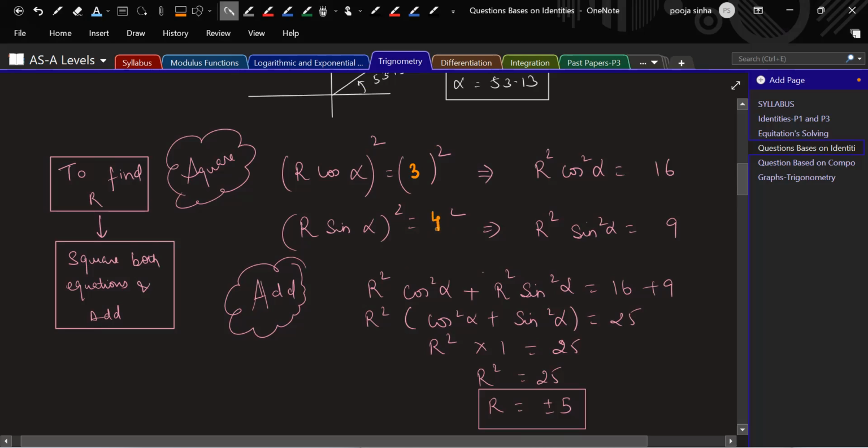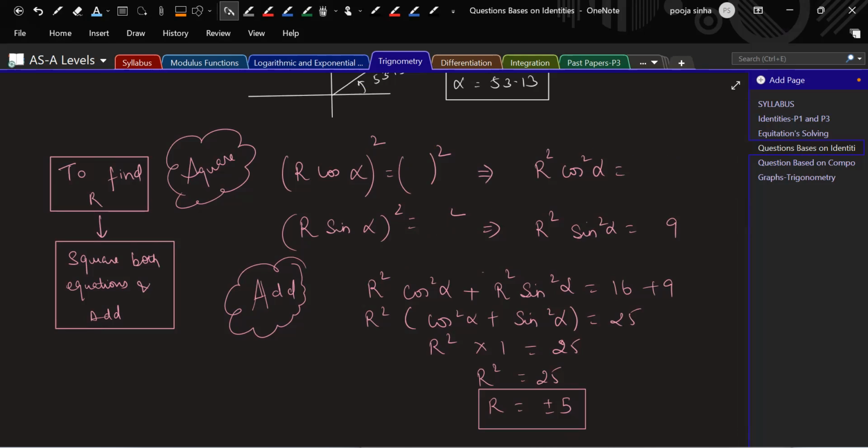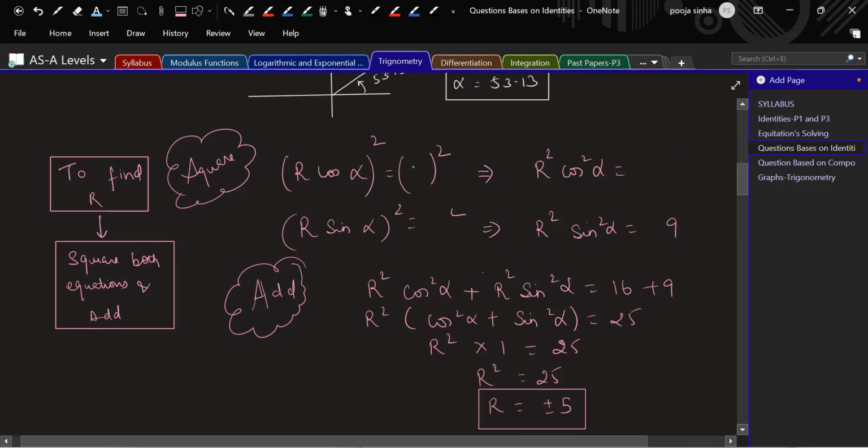And this is 4, right? Yeah, sine square is 4 and that's 3. So this becomes 9 and this becomes 16. Right? Acha. Now we just squared here.